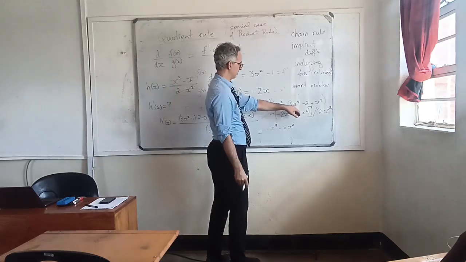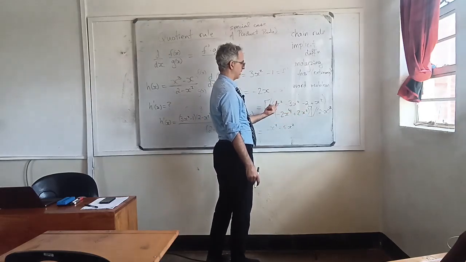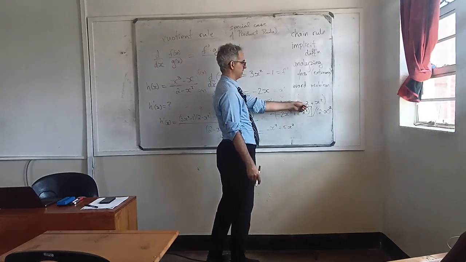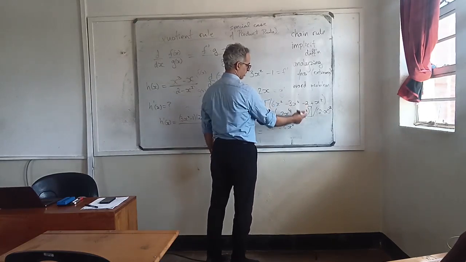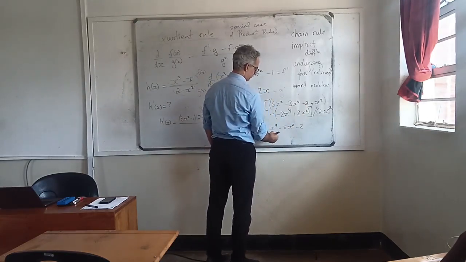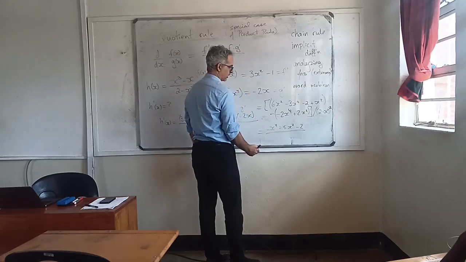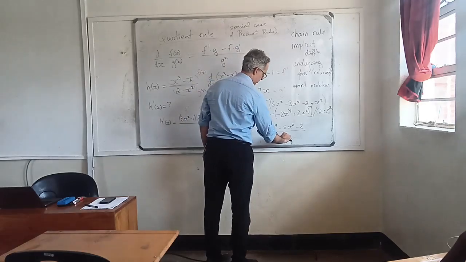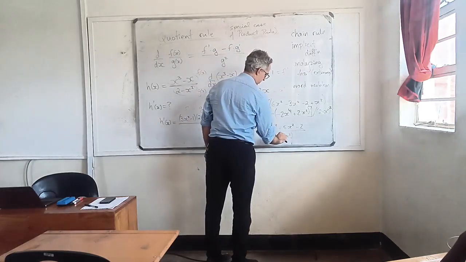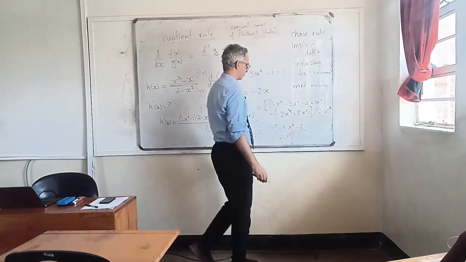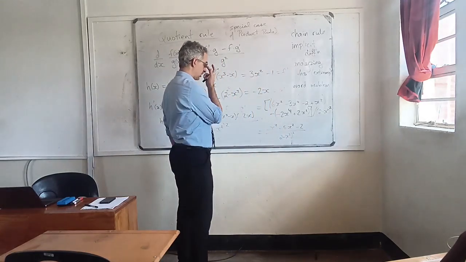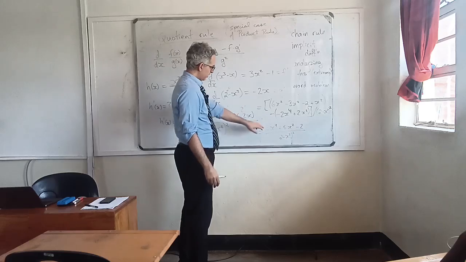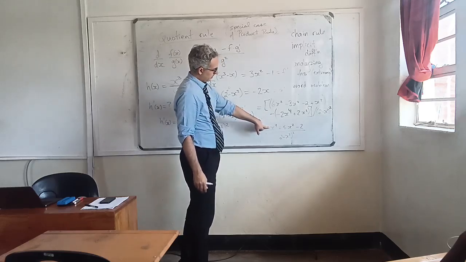And then we don't have any single power of x, so then we have a constant, and the only constant is minus 2, so we have minus 2, divided by 2 minus x squared, squared. Is it possible to factor this?